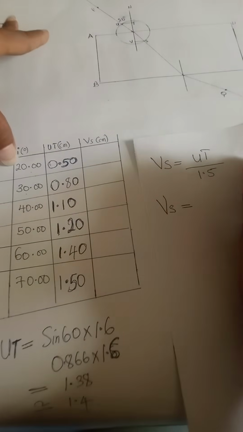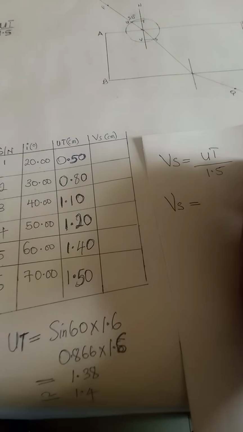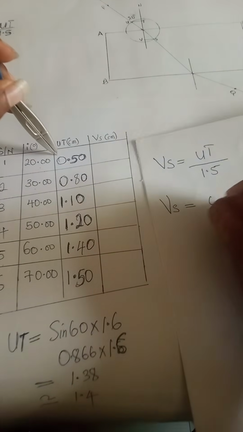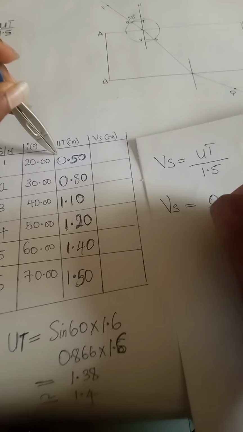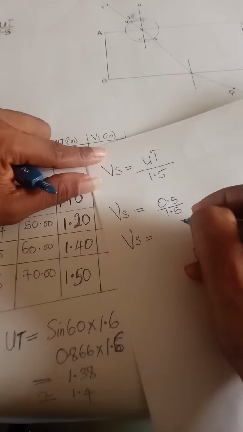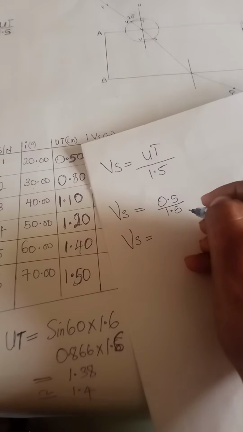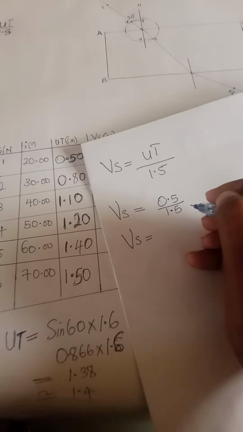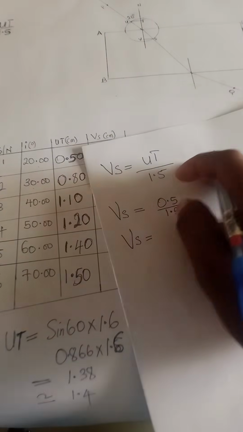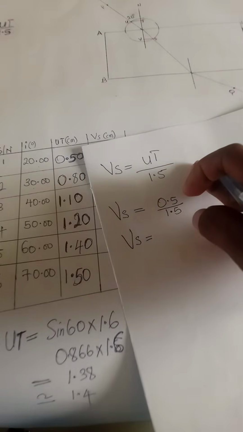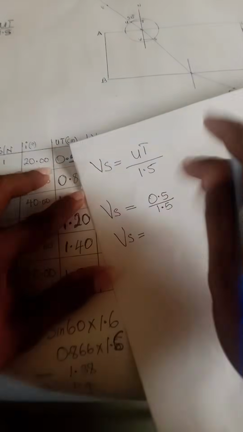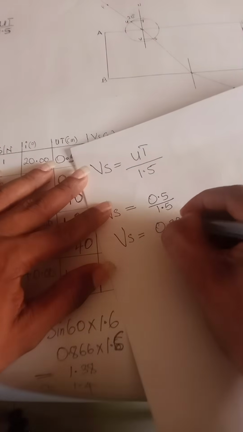So when it is at angle 20, when it is at this angle now, 20 degree, ut is 0.5. So I could have 0.5 divided by 1.5, which will give me that the Vx there is now equal to what? Use your calculator and press it. If you press it, you get something like 0.3333.